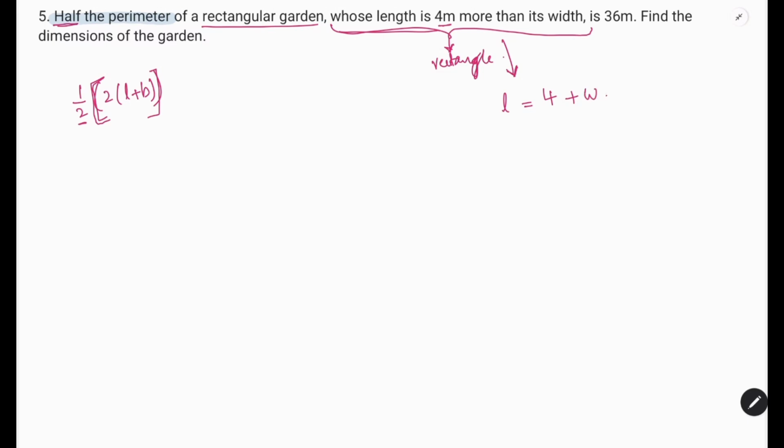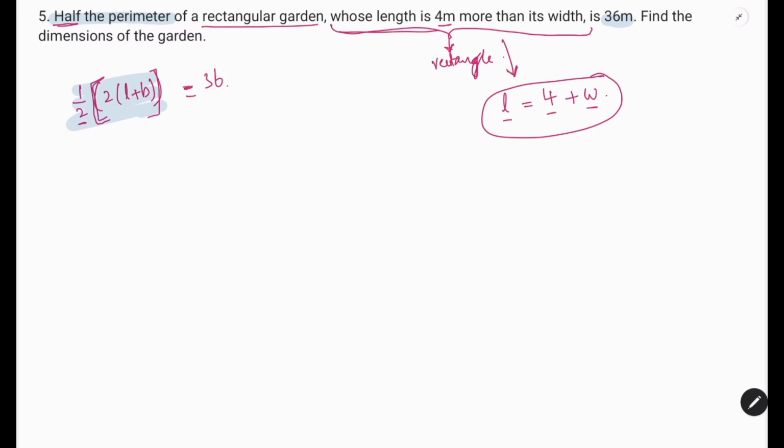Okay, here this is the equation we have got. Length equal to 4 meters more than its width. And here 36 is given, this is half of the perimeter of a rectangular garden.